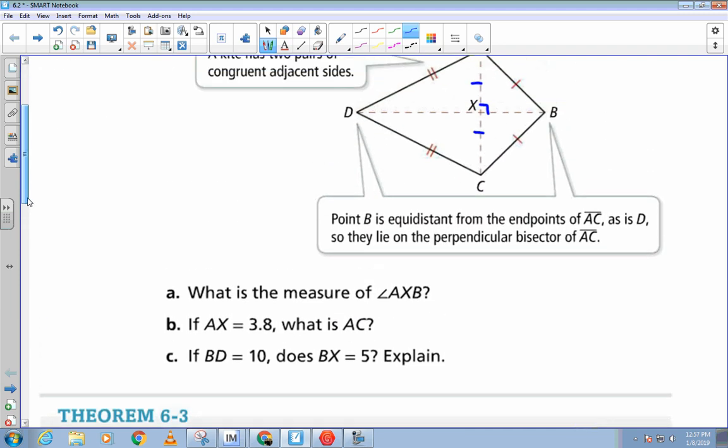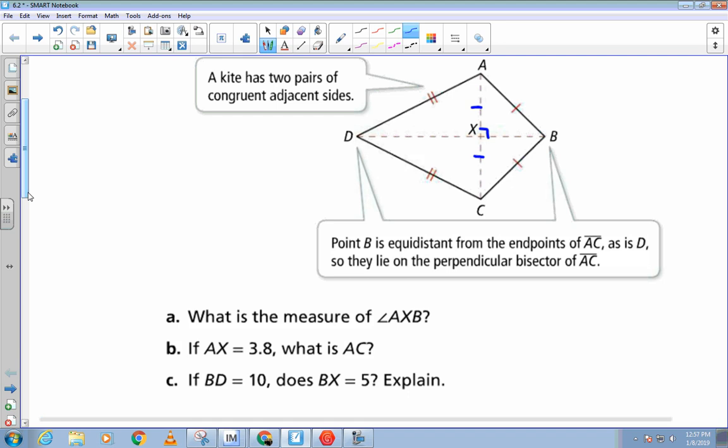So what is the measure of angle AXB? We just said it: AXB is 90 degrees. And AX is 3.8. What is AC? Well, XB would be 3.8, so it would be 7.6.